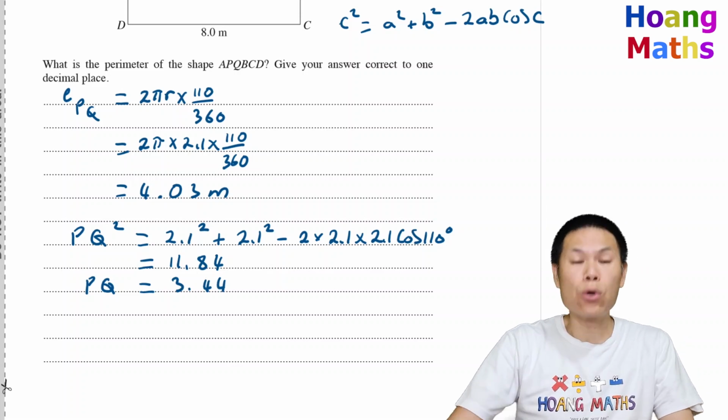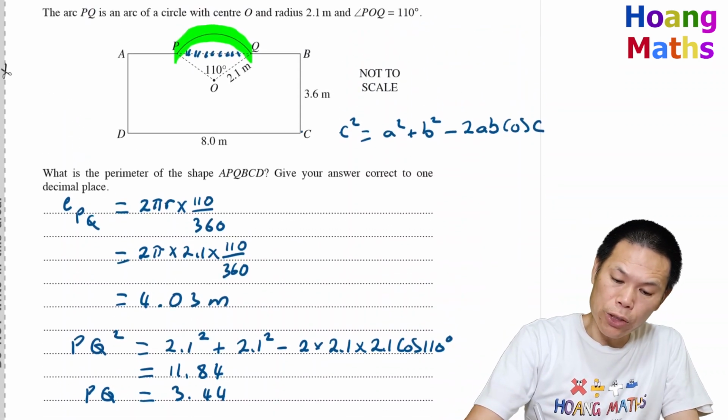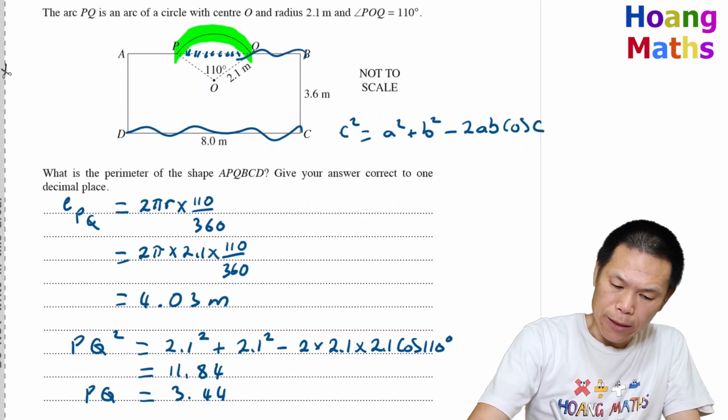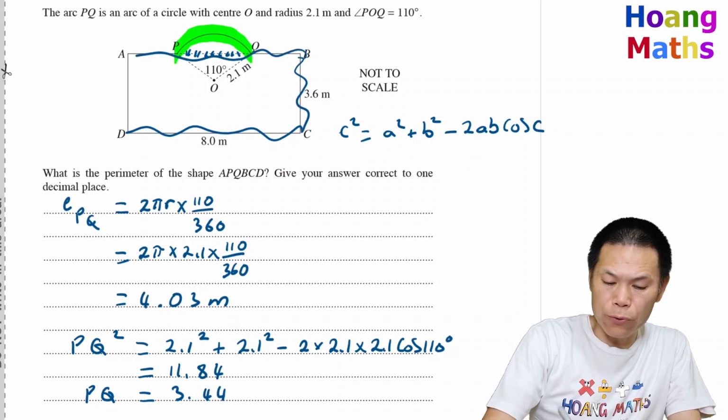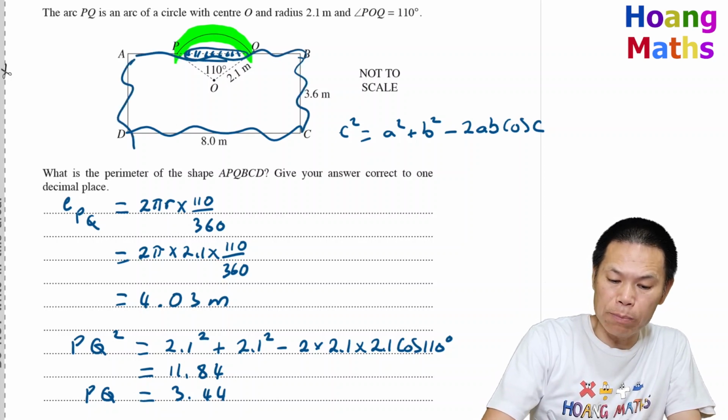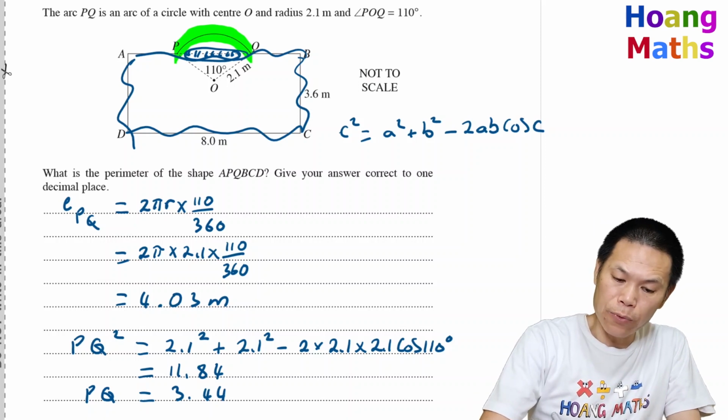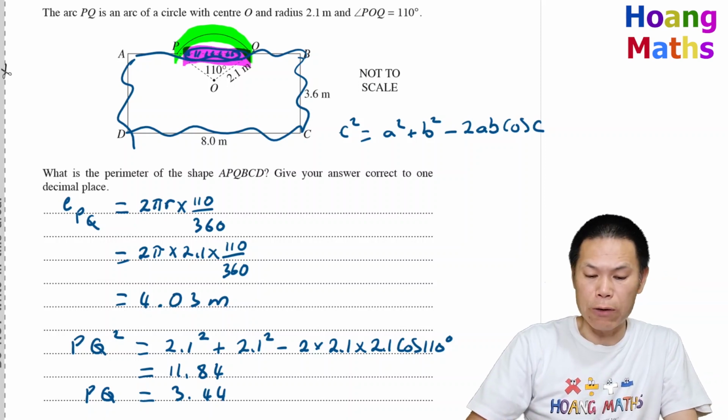Now to work out the perimeter, we have 2 lots of 8, and then 2 lots of 3.6, and we minus this bit out. Let me repeat, we minus this out.